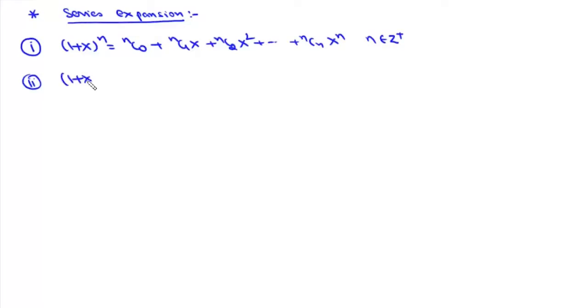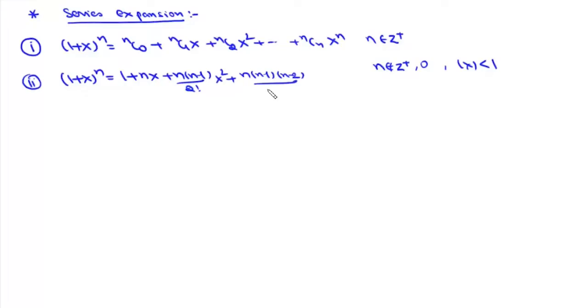Now if n is not a positive integer and it is not 0, and x lies between -1 and +1, we can write this series expansion as 1 + nx + n(n-1)/2! x^2 + n(n-1)(n-2)/3! x^3, and this series continues up to infinity.